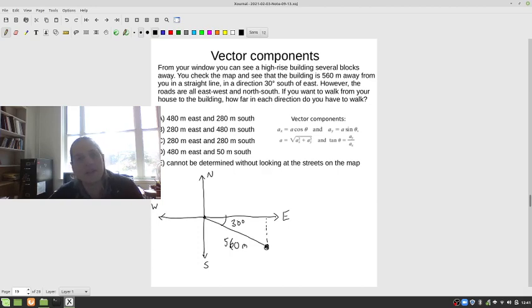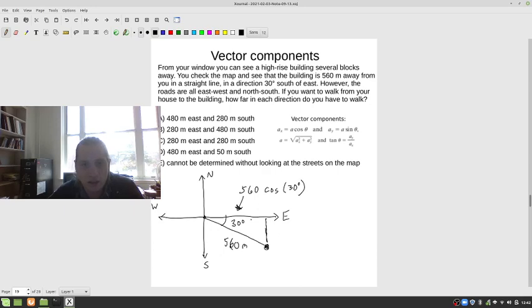So the idea is that you have to walk along the cross streets. You can't just walk through the buildings that are between hither and yon. And then how would you find the sides of this? Well, that side of your triangle would be 560 times cosine of 30. Usually, if you set up your coordinates in a nice way, you're using cosines for x.